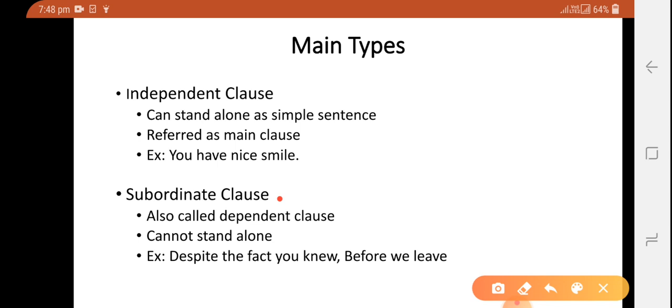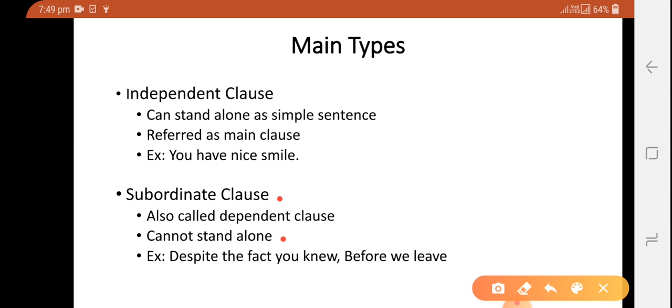The subordinate clause cannot stand alone as a separate sentence, because for its complete meaning it has to depend on the other part of a sentence. For example, like despite the fact you knew, or before we leave. See, for example, with this we have to add another part called main clause or independent clause.